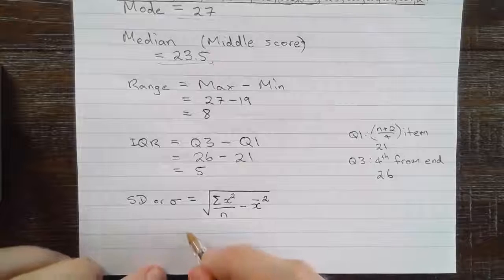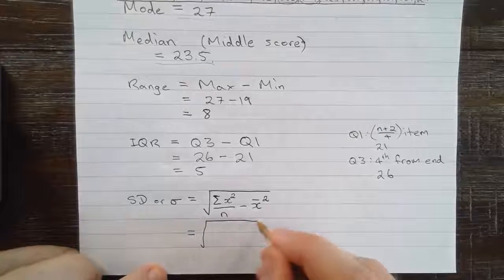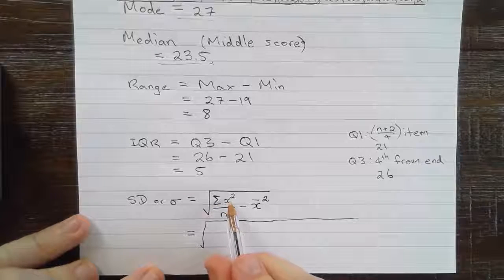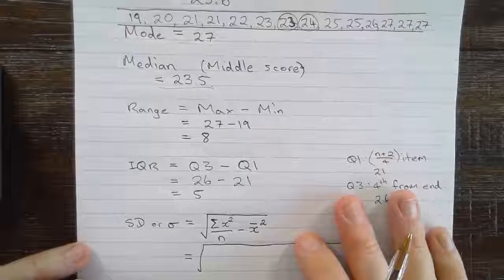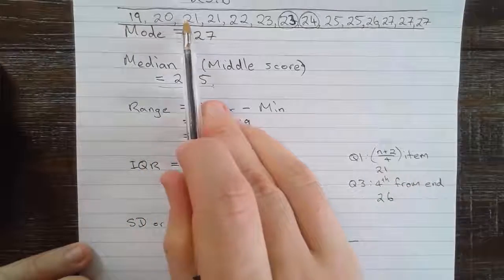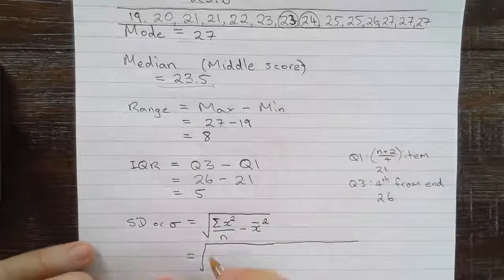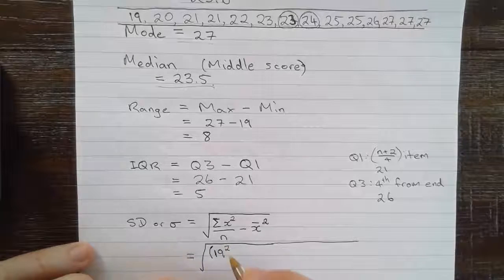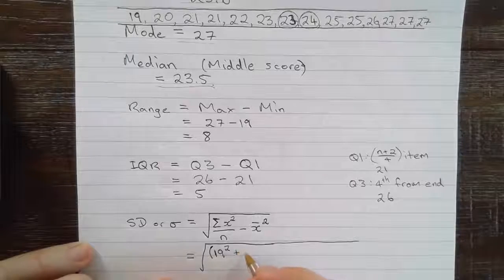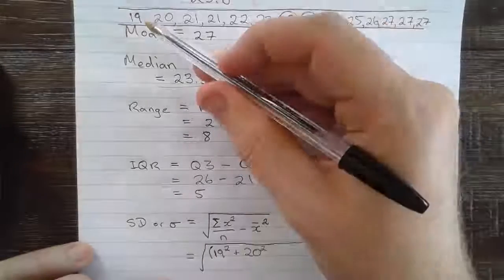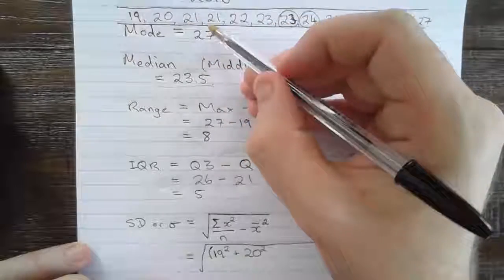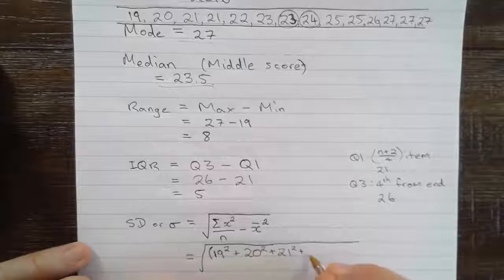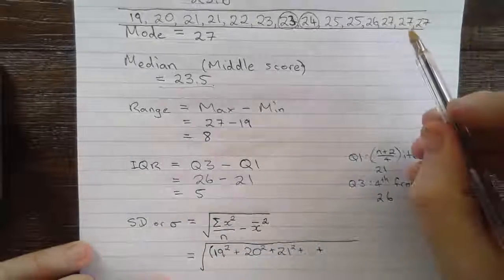Now the way we go about doing that, let's just bring it down. We again need the square root. And this is going to go really long here. The sum of the x's squared. Now remember the x's are just our scores or our values in the set of data. So we need to add up, so I'm going to put it in brackets, first one squared, which is 19 all squared, plus the next one, 20 squared, plus 21 all squared, so on all the way down the line until we get to the end.